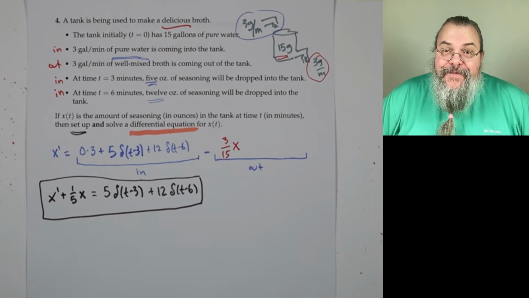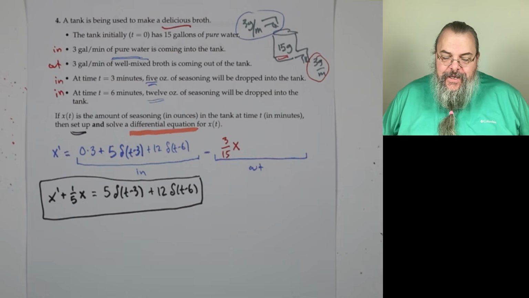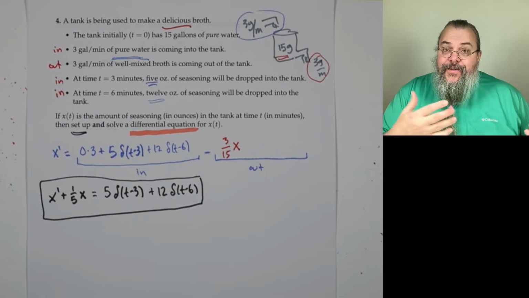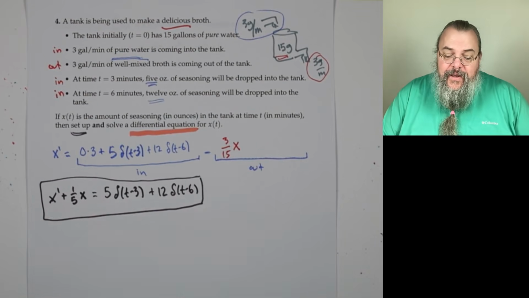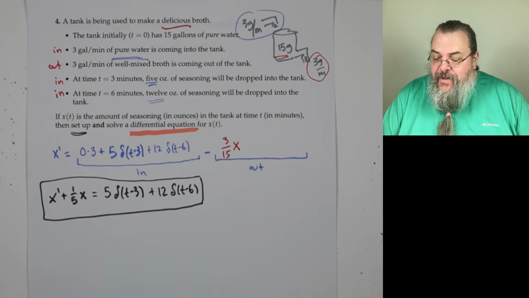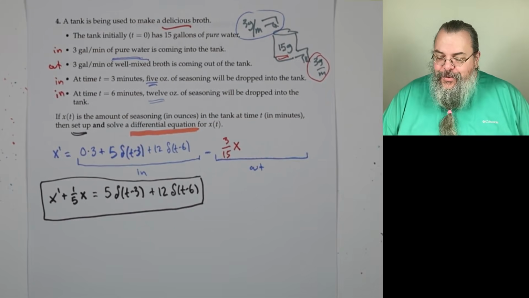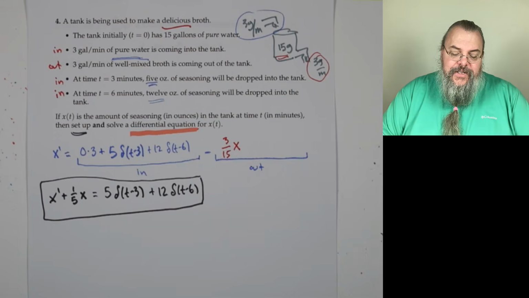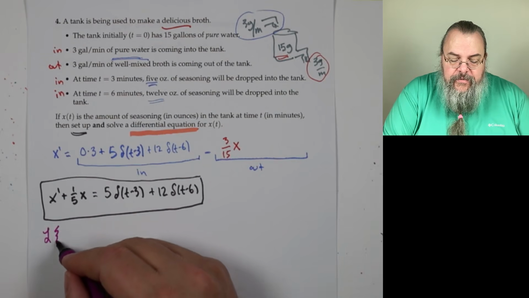What comes next? Well, what comes next will not surprise you. We're going to need to figure out a way to solve. And because we have delta, this is a case where Laplace transform comes in particularly well. And since we've just learned it, we should use our tool. All right, so here's our idea. We're going to take the Laplace transform of everything.